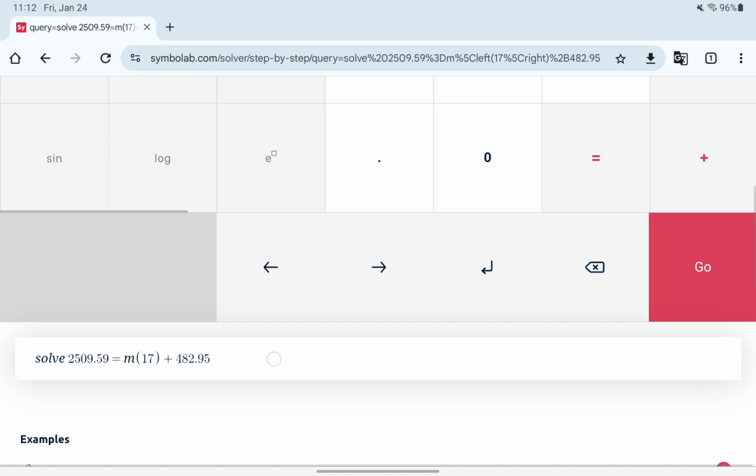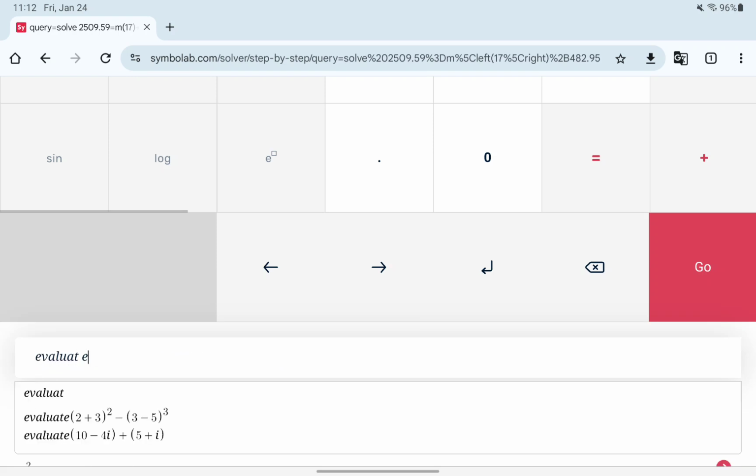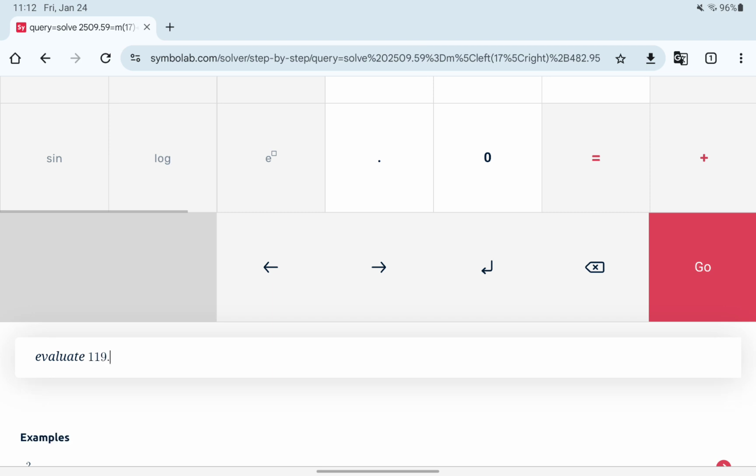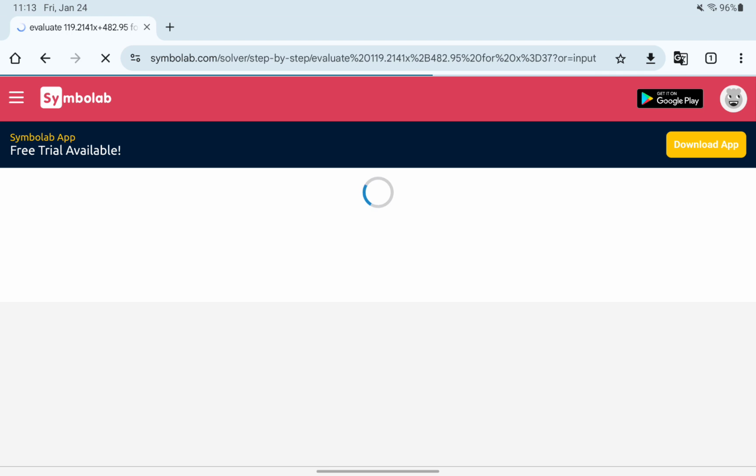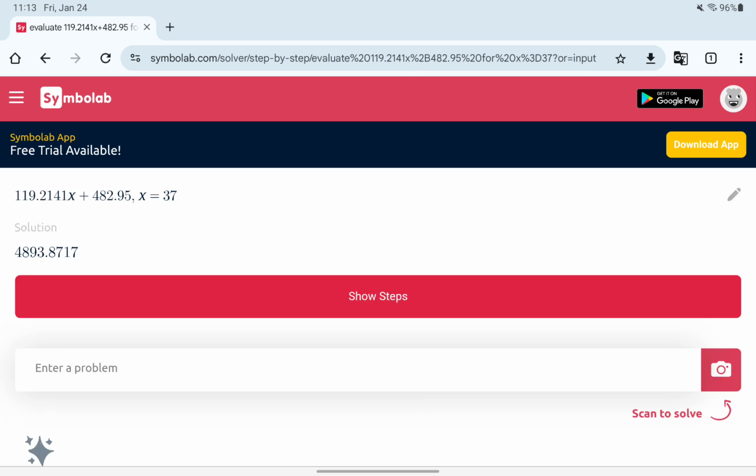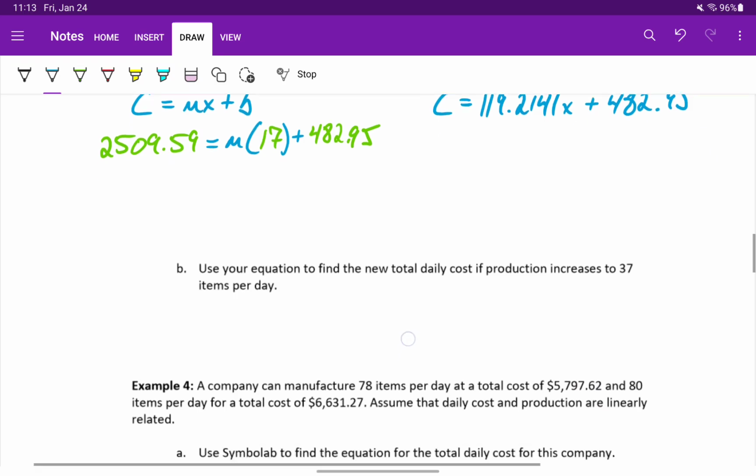To find that, we'll again make use of Symbolab, and we'll ask it to evaluate the expression that we just came up with for x equals 37. We do that, we get a result of 4893.8717.